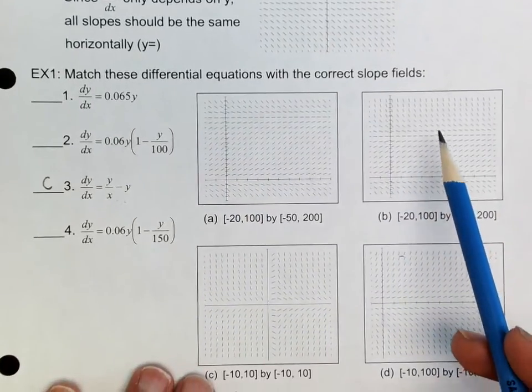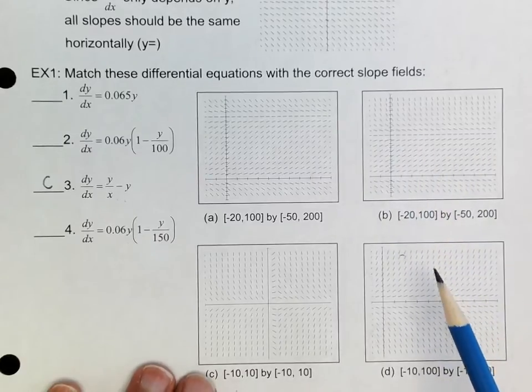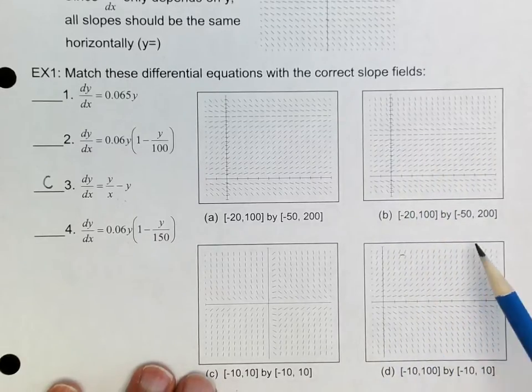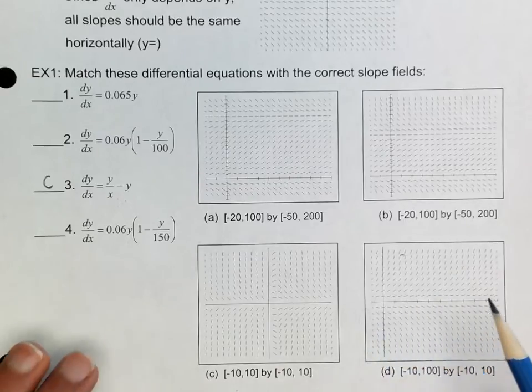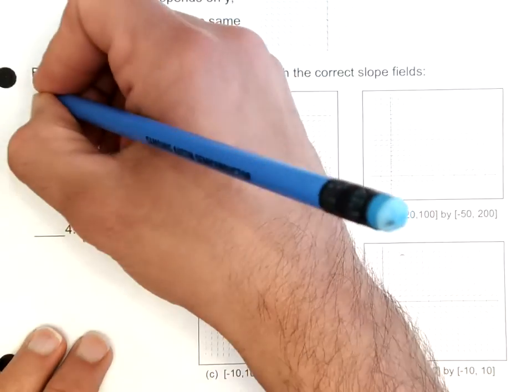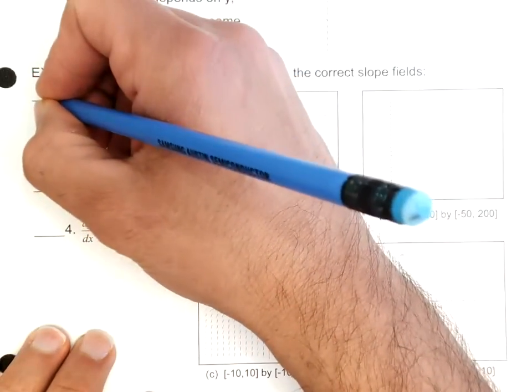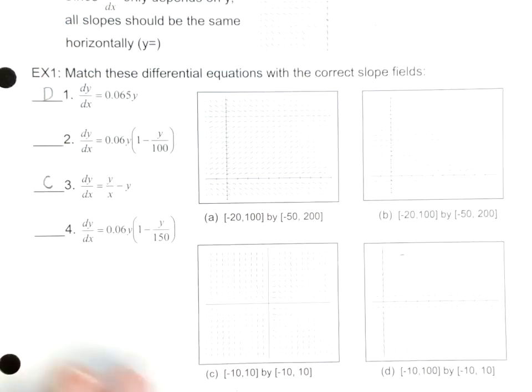The same thing with this one. But as you get down to this one, this must be your answer because as you get closer to the x-axis where y is equal to 0, the slopes are horizontal. So this must be D.